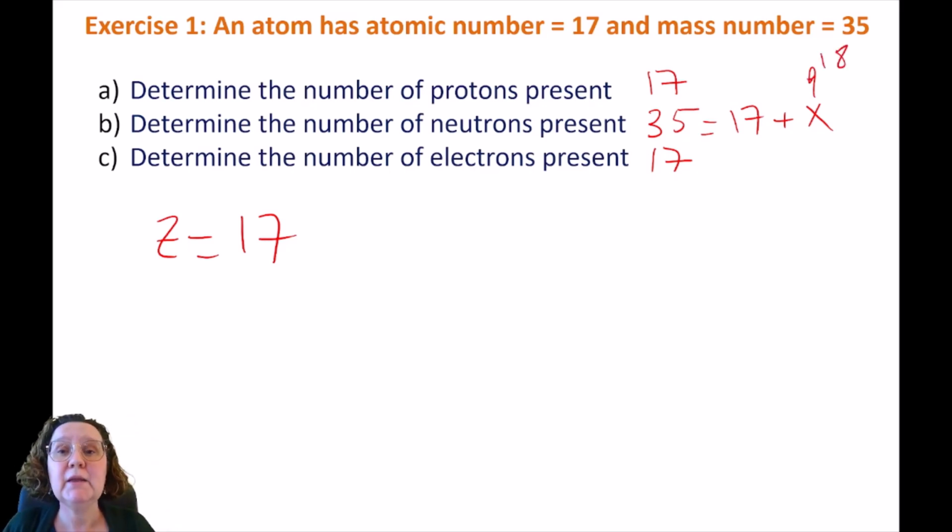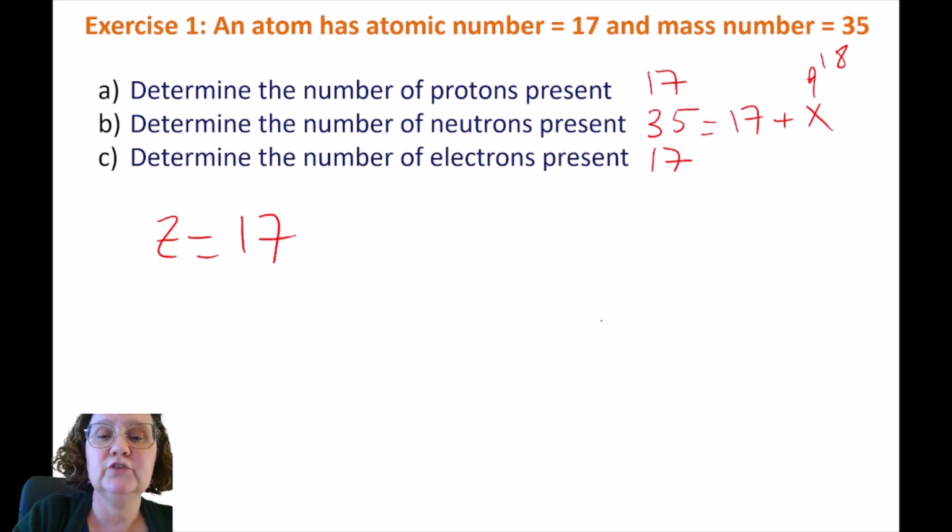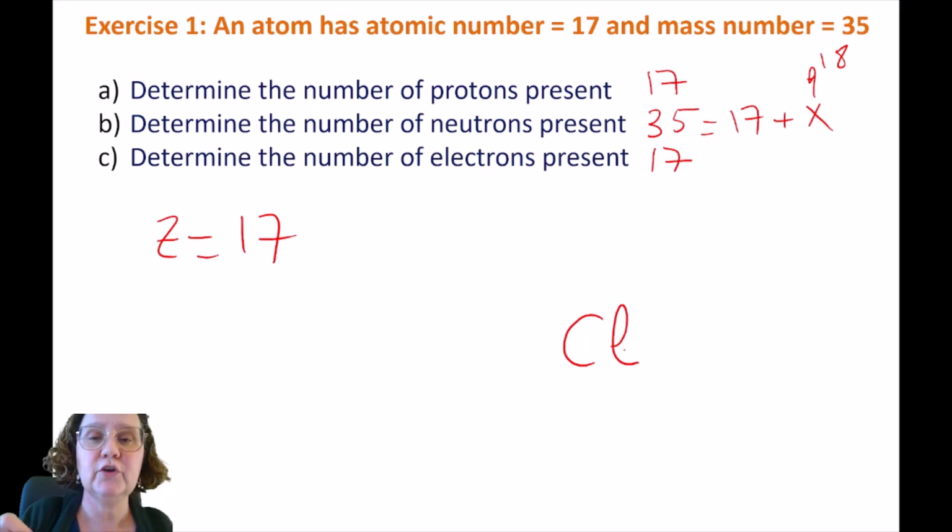So my element has 17 protons, 17 electrons, and 18 neutrons. And if you have a quick look at the periodic table or a quick Google, you might have found out that the element I'm talking about is chlorine, chlorine 35.